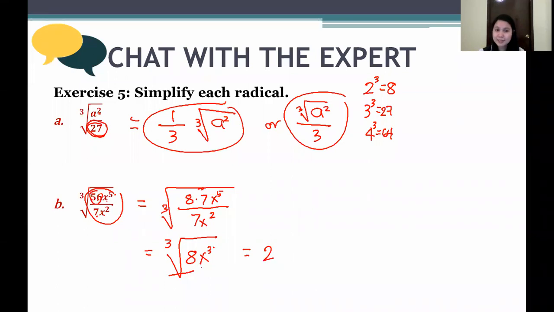For x, 3 divided by 3 is 1, so place x outside. So the answer is, I'm sorry for that, 2x. Any questions? Feel free to raise your hand.